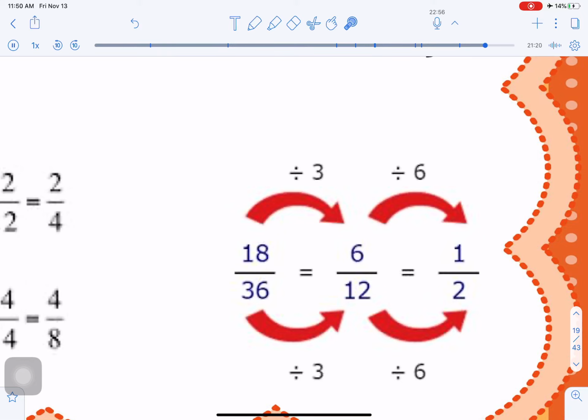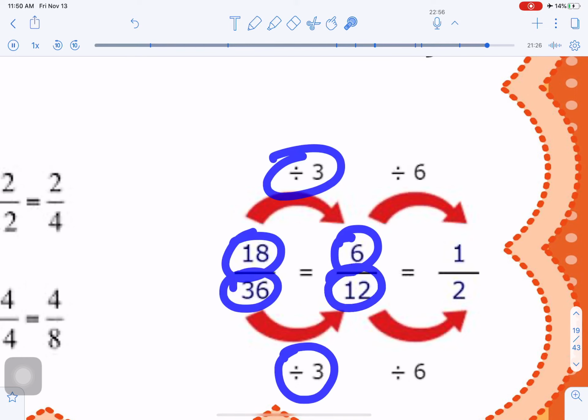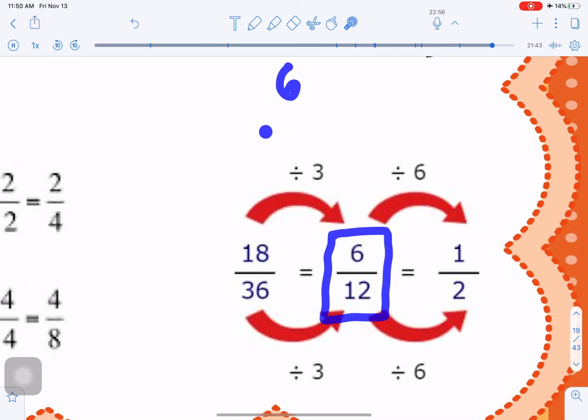So if we divide 18 by 3, we get 6. If we divide 36 by 3, we get 12. And 6/12 is an equivalent fraction to 18/36. Taking this information now, what we just know, we can look for a factor of 6 and 12, which in this case they give us 6.